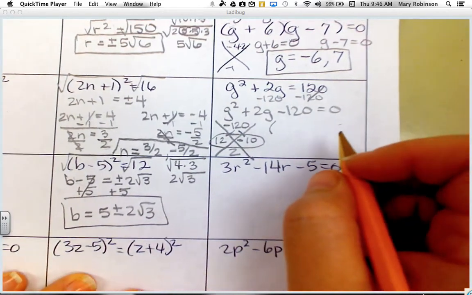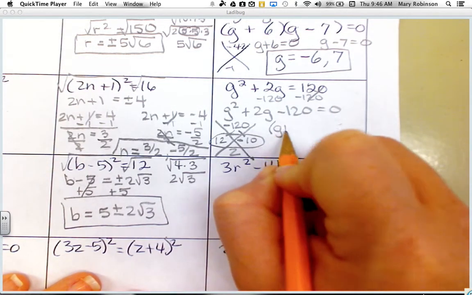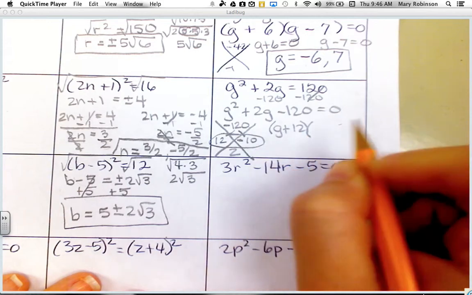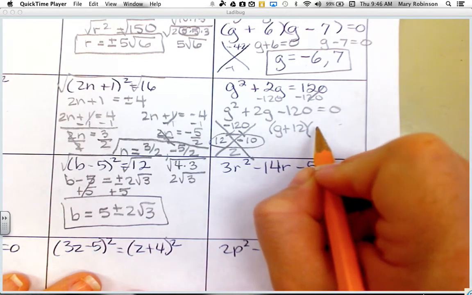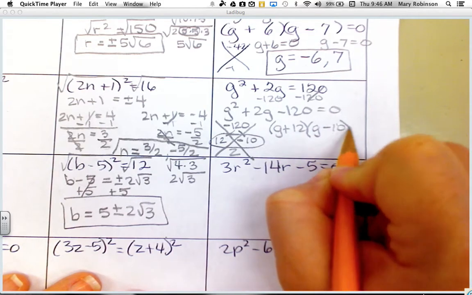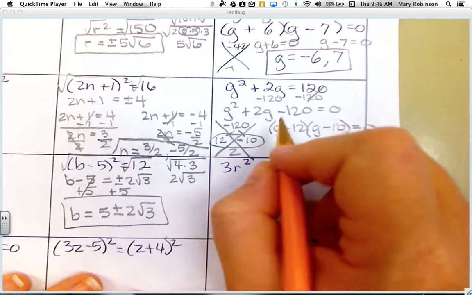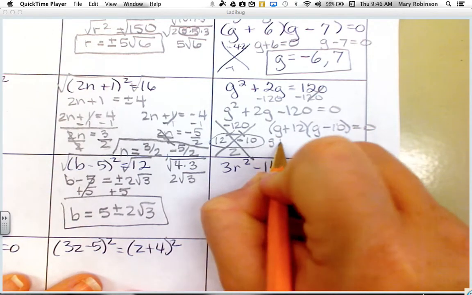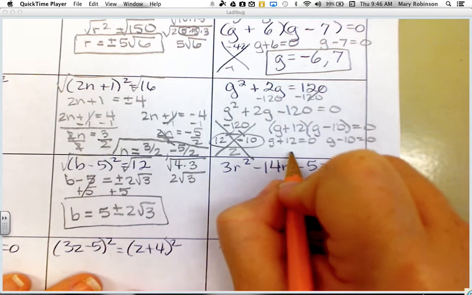So, Savannah, one factor is what? Good job. And the other factor, Jasmine? Good job. Equals 0. So now if I set each of these factors equal to 0, then what is g equal to?